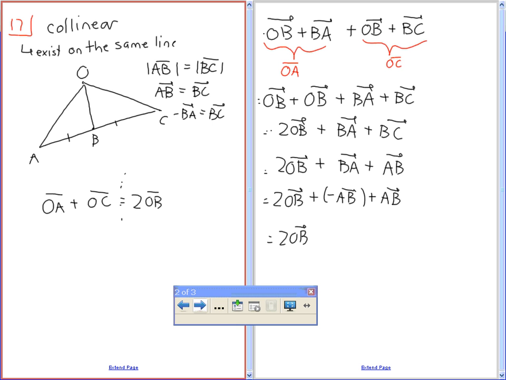When I've seen identities or proofs being done, they put a question mark over top of the equal sign, and that gives them the right to move things over. No, not in this course.